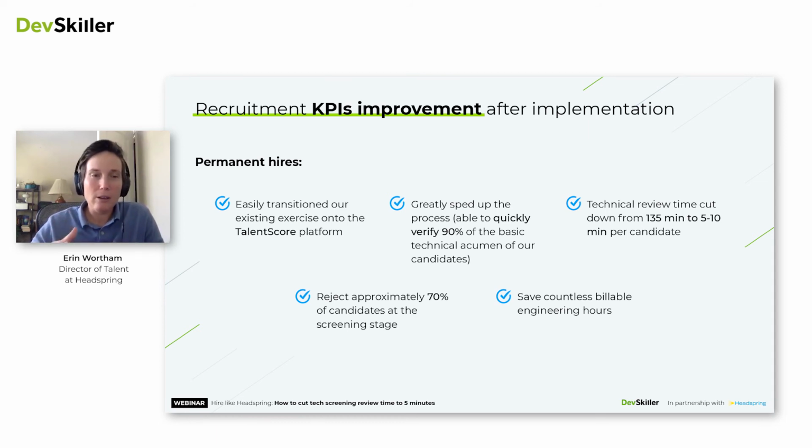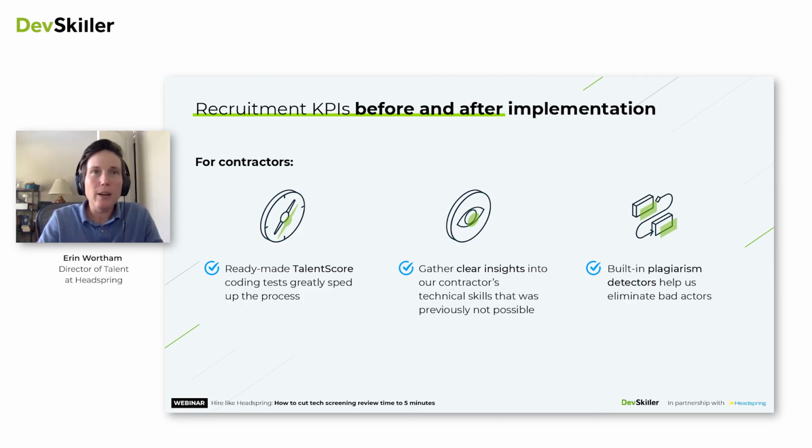And so the net result here for permanent hires is that we've saved countless billable engineering hours. We've been able to get our engineers in the right parts of the conversation and let the tool do the heavy lifting. And then on the contractor side, we're easily able to generate specific tests from DevSkiller's built-in exercises to evaluate the specific needs.